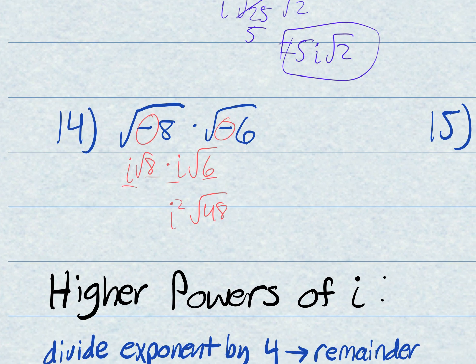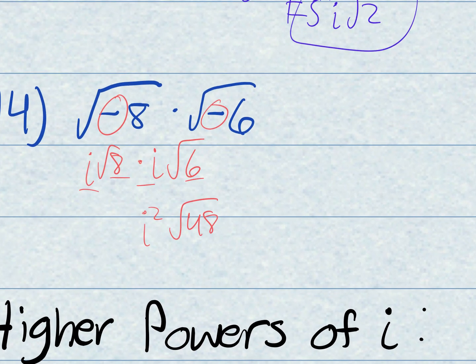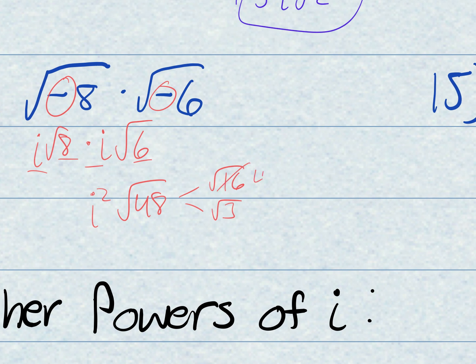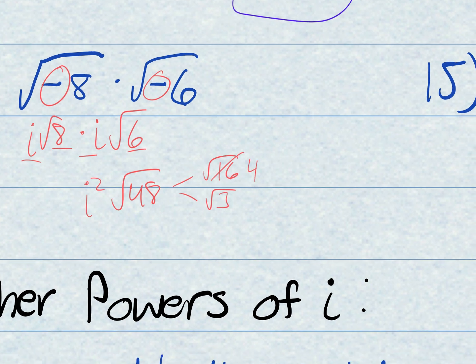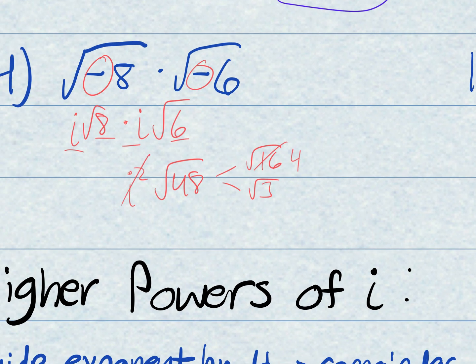We've done this specific root a lot of times in class, so you should maybe recognize this should be the square root of 16 and the square root of 3. The square root of 16 is 4. Square root of 3 can't simplify. Keep in mind, i squared becomes negative 1. So we get negative 1 times 4 times the square root of 3, which is negative 4 square root of 3.